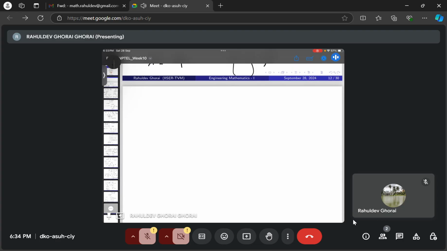Okay, so one question about algebraic multiplicity and geometric multiplicity. What is algebraic multiplicity and what is geometric multiplicity of an eigenvalue?